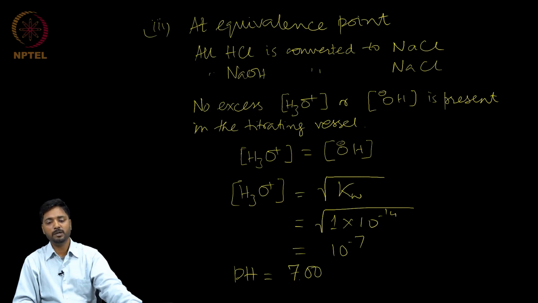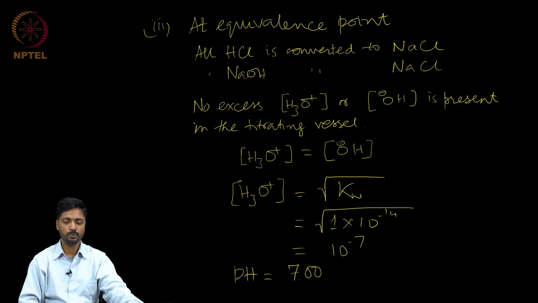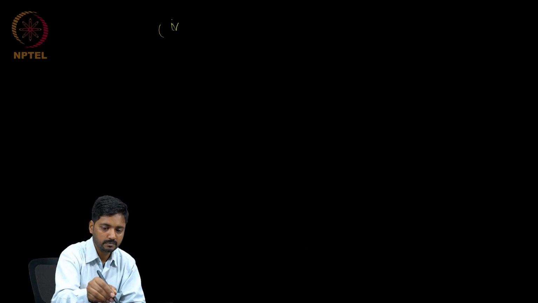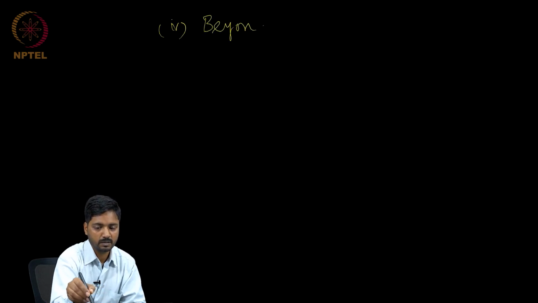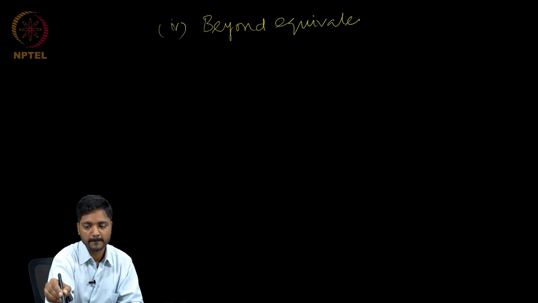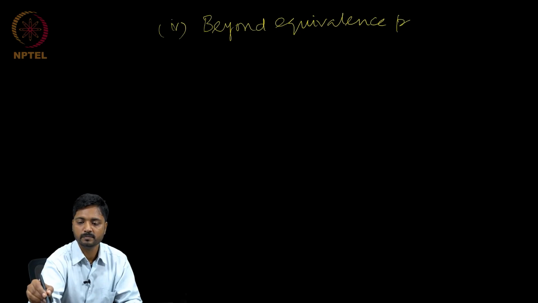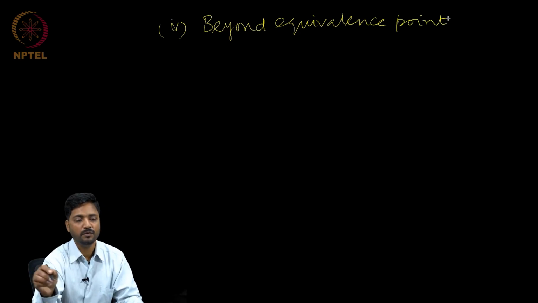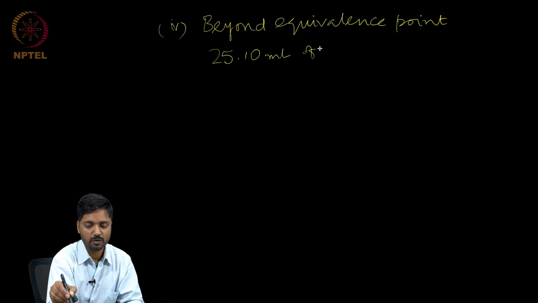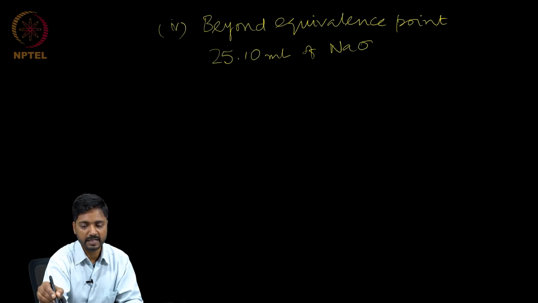Now, let us see what happens as we cross the equivalence point, and so beyond the equivalence point, that is when we have added say 25.10 ml of sodium hydroxide.